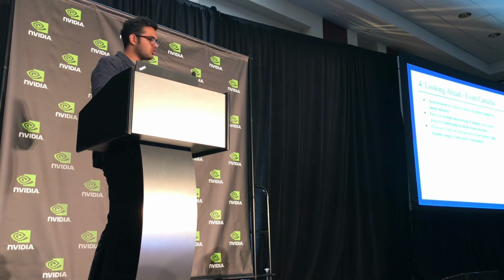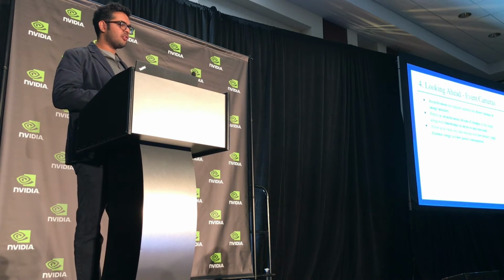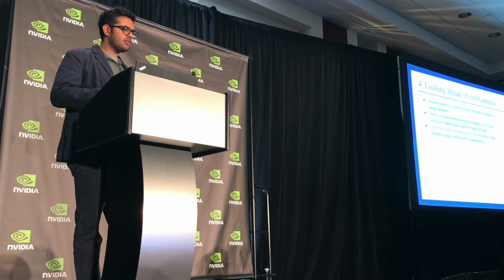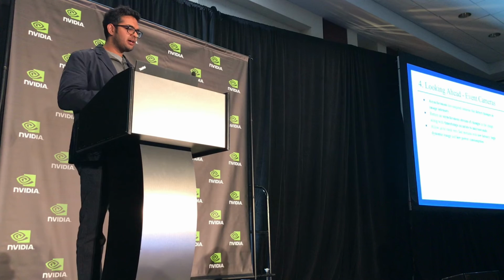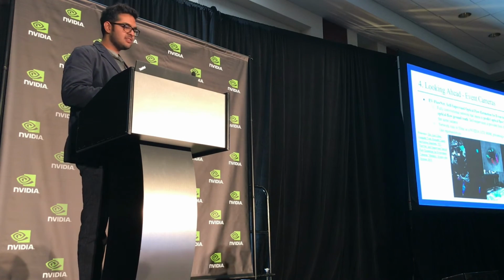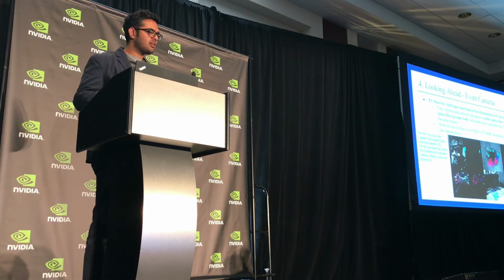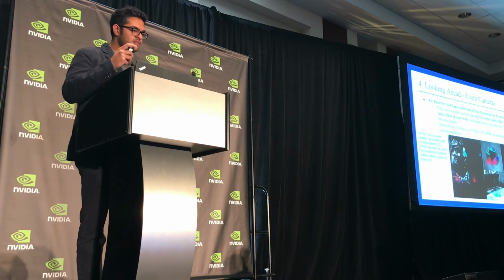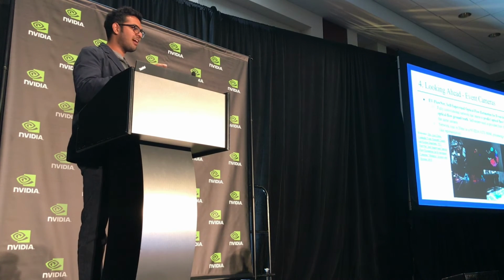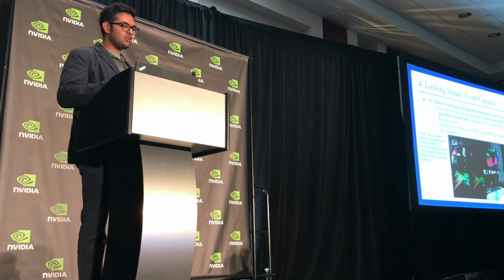Some of the work that we're using the TX2 for is also in the space of event cameras. Event cameras are bio-inspired and they detect changes in intensity rather than the intensity itself. So this is some work done by Alex from our lab. If you're familiar with fidget spinners, that's an event camera tracking the fidget spinner in low lighting.